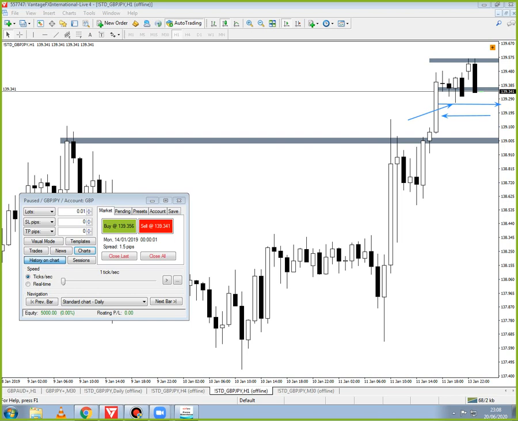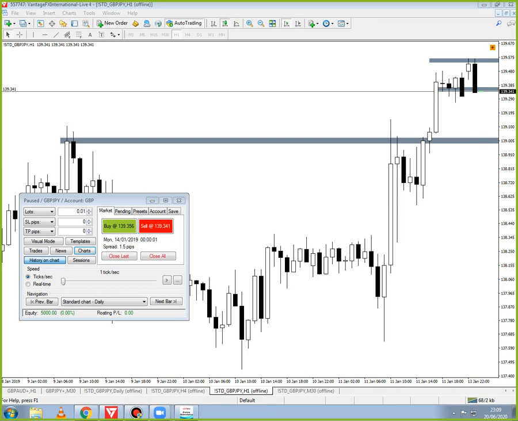So once we get below this wick here, maybe this would be the prime opportunity to say that the probability is much higher now of us coming down to retest this area, because we've got past everything. So yeah, I think that's going to be the trade idea.